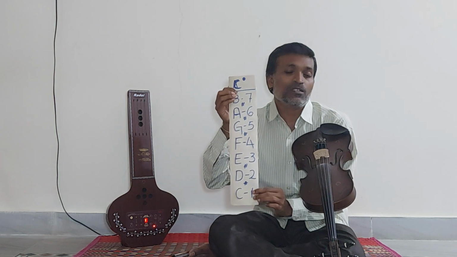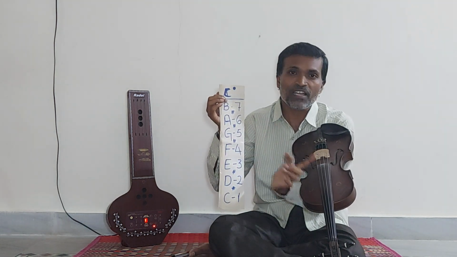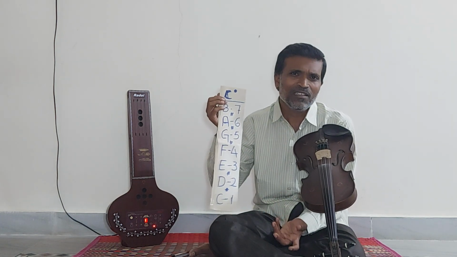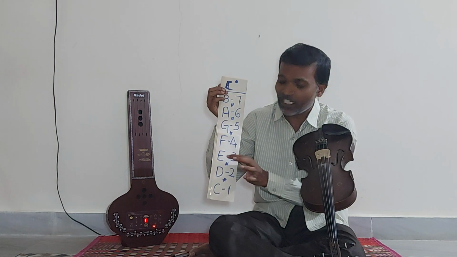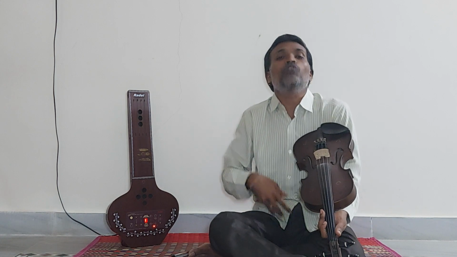If your singing pitch is G sharp, let us say, then tune your violin to G sharp. But if at any cost you cannot sing, you can only play, then you just tune it to E. Better.